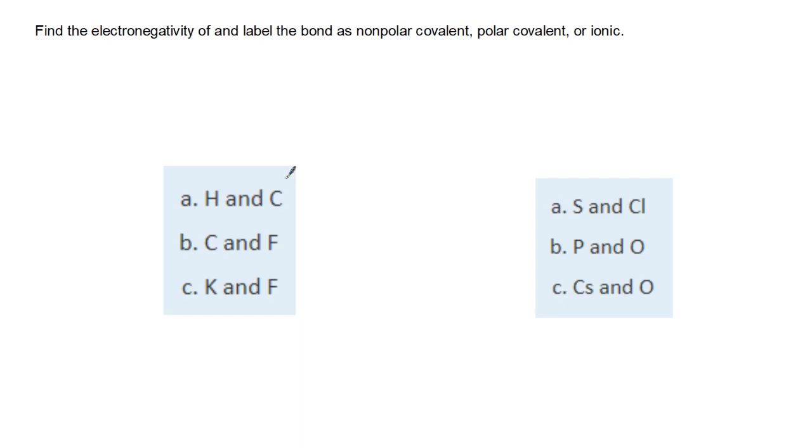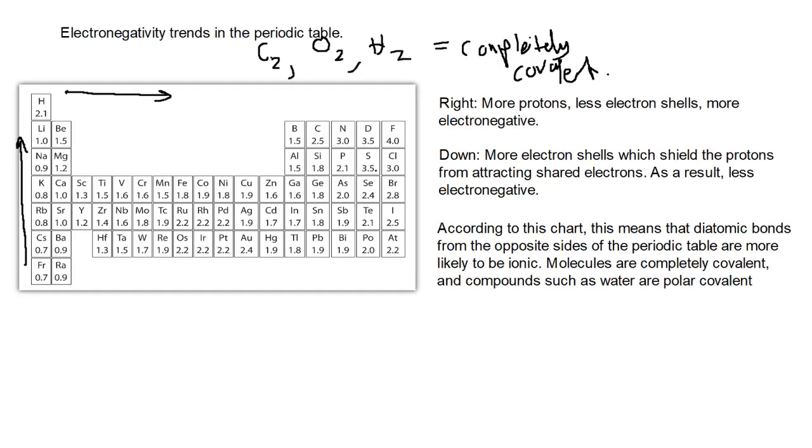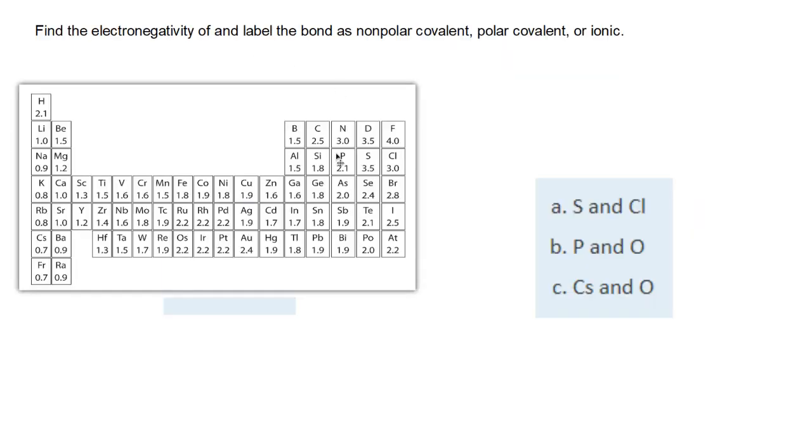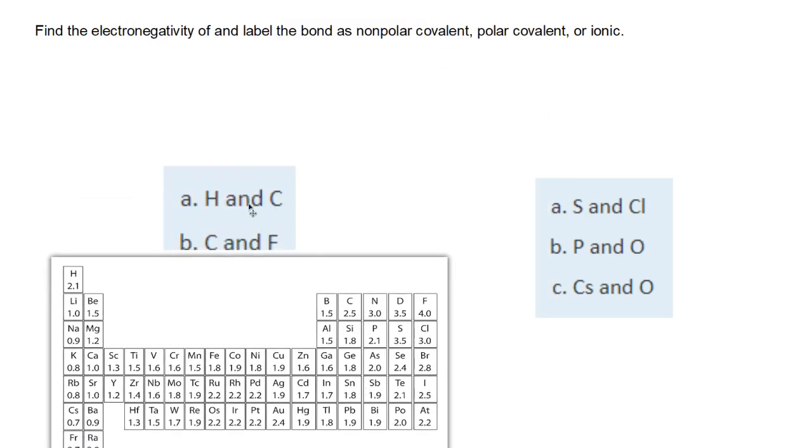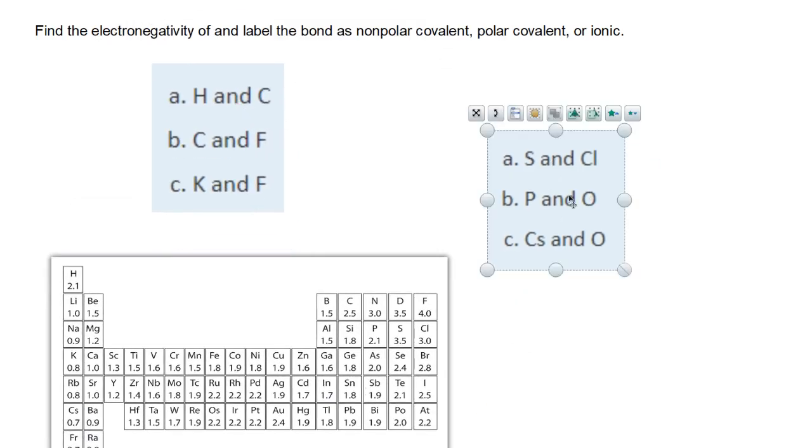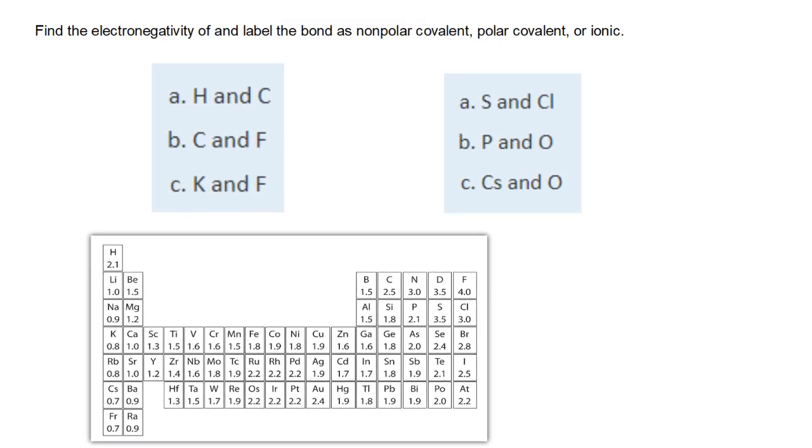Right. So find the electronegativity and label the bond as nonpolar covalent, polar covalent, or ionic. We're going to go back here. We're going to copy this because this is what teachers do. We copy stuff, and we're going to paste it right here. Hydrogen and carbon, electronegativity of 0.4, which is polar covalent, right?